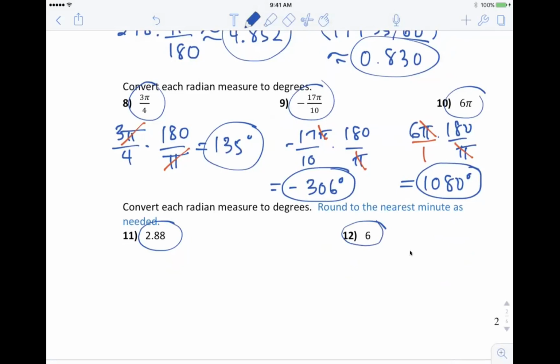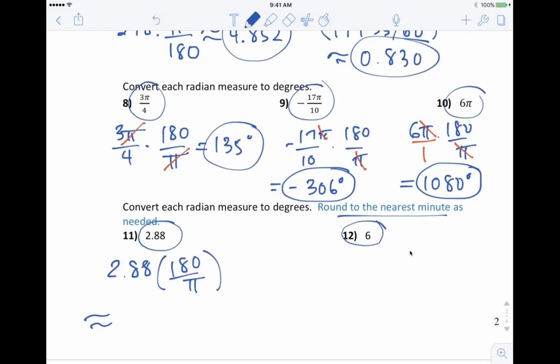Otherwise, this one we have to convert from radians to degrees and do some rounding, round to the nearest minute. Okay, so I'm going to do my same work, 2.88 multiplied by 180 over pi, right? But here, there's no pi canceling, because my original angle was not in terms of pi. I need to do an approximation.